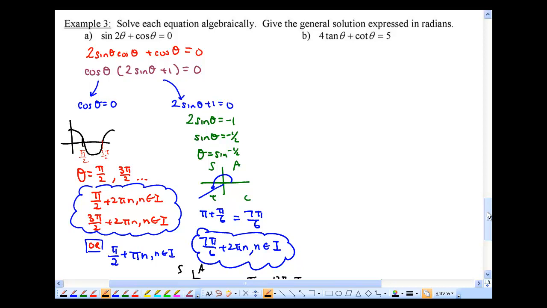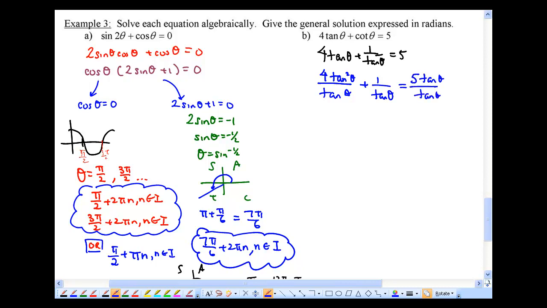Cotangent. Yes, rewrite that as 1 over tangent, just like example number 1. Find the common denominator, just like example number 1. Then equate the numerators, just like example number 1.